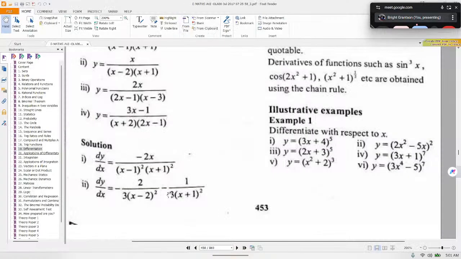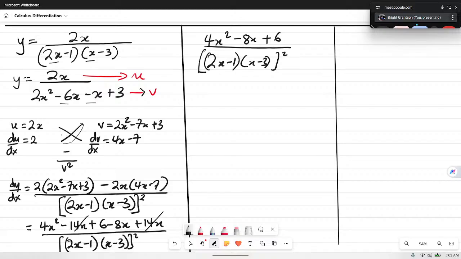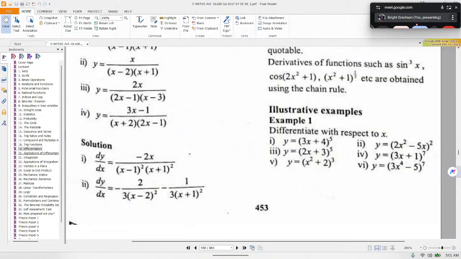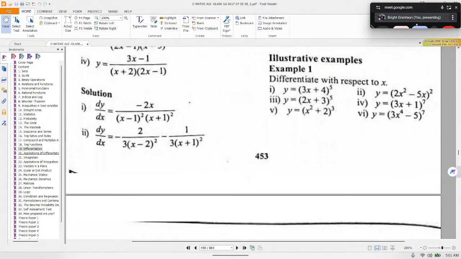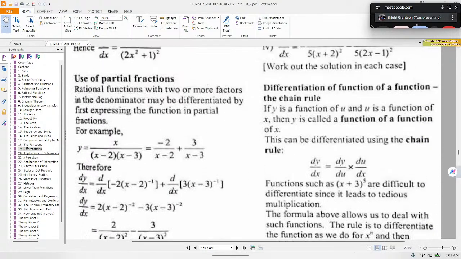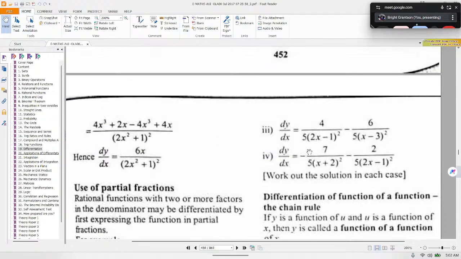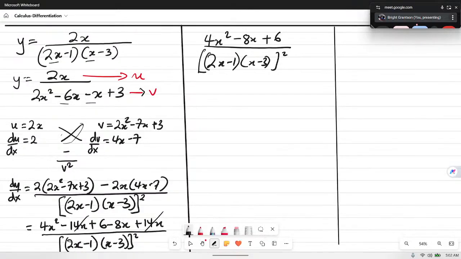Right, that was number 3, with 5 over (2x minus 1) squared and 5 over (x minus 3) squared. So I think, okay, I'll confirm with AI. But let's use the partial fraction decomposition and see if it will work.